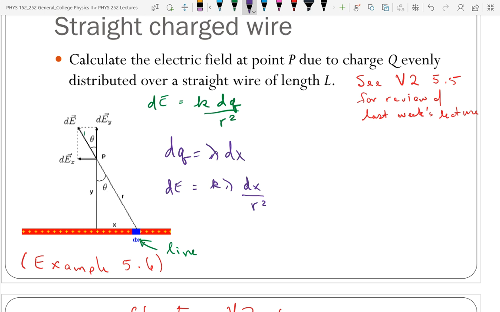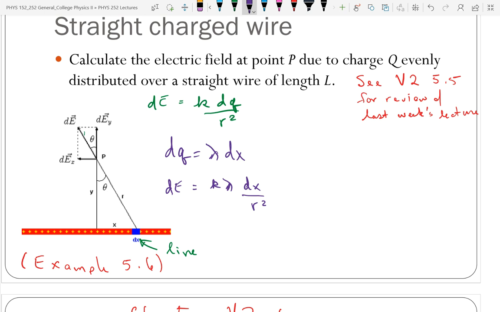Now that dE is in terms of two variables, one variable is x and one variable is r. r is dependent on x. In fact, I can do this real quick: r squared is going to be y squared plus x squared. So I can find a quick relationship between the two, but I'm not going to find a relationship yet.